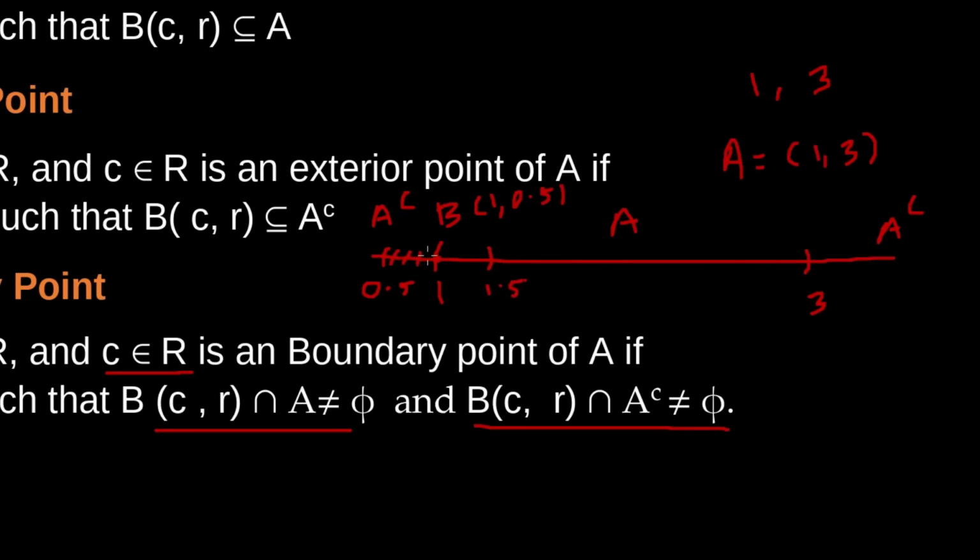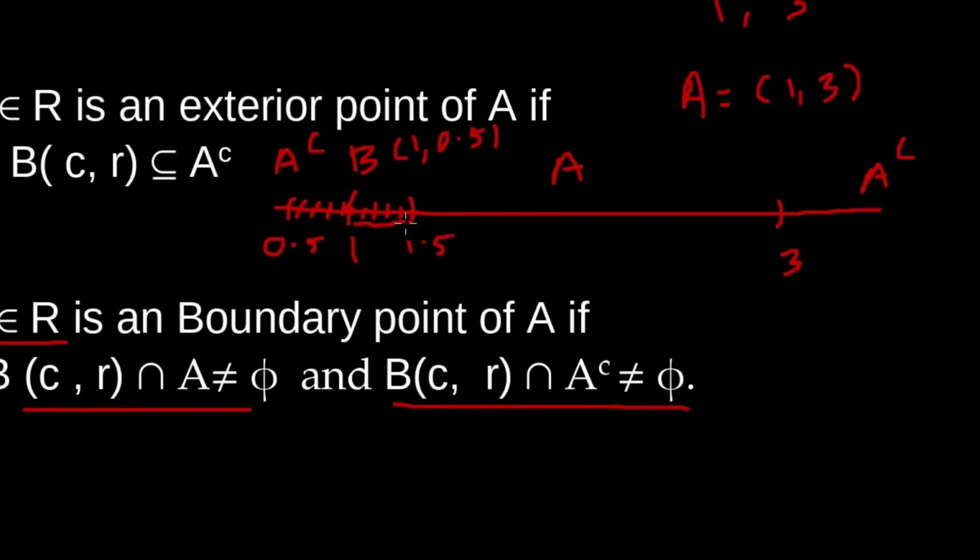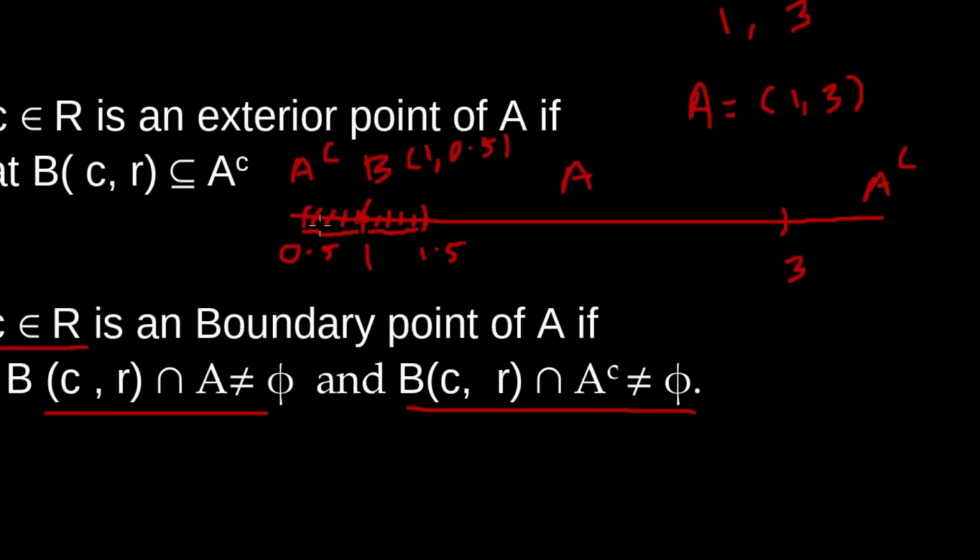This represents the ball, and the intersection of this ball with the set A is not empty, because this portion belongs to the intersection of the ball and A. Also the intersection of this ball with A complement, this portion, is not empty.